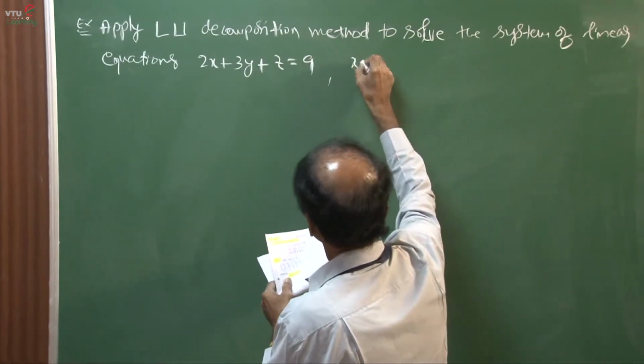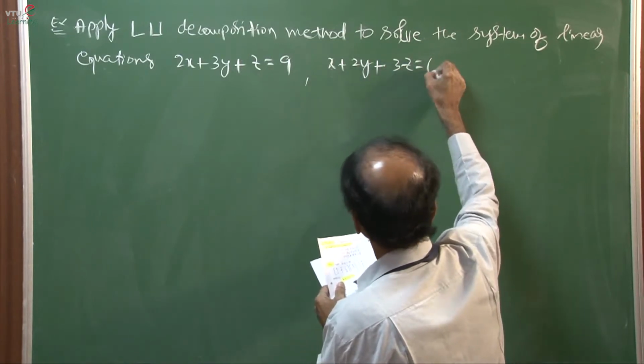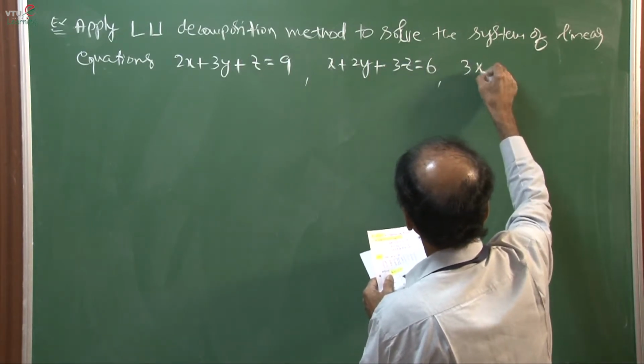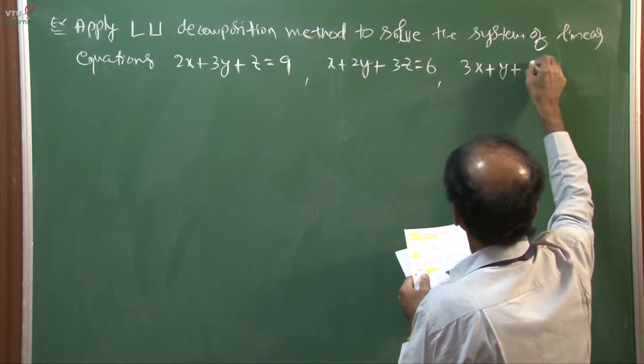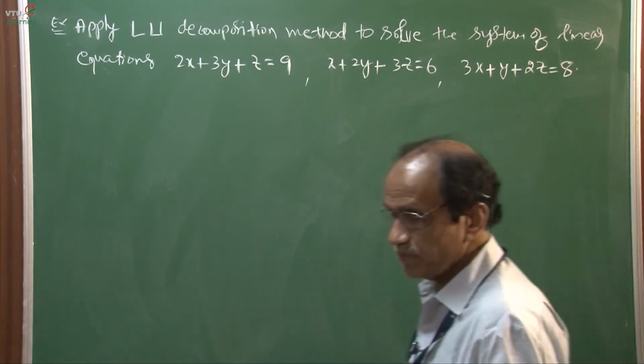Second equation, x plus 2y plus 3z equal to 6. 3x plus y plus 2z is equal to 8.